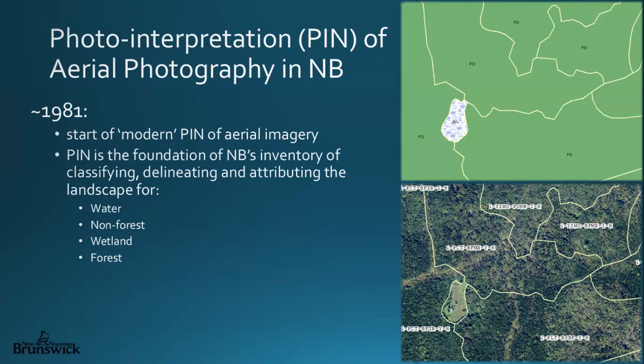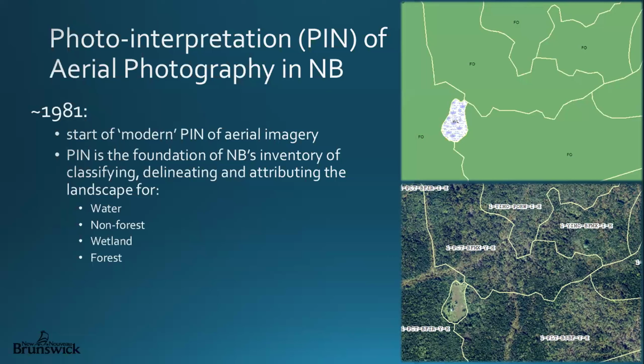So we've been doing photo interpretation for quite a while, since the early 1980s. It's the foundation on which we collect our inventory. We typically classify our lands into 4 broad categories, and that's water, non-forest, wetland, and forest.